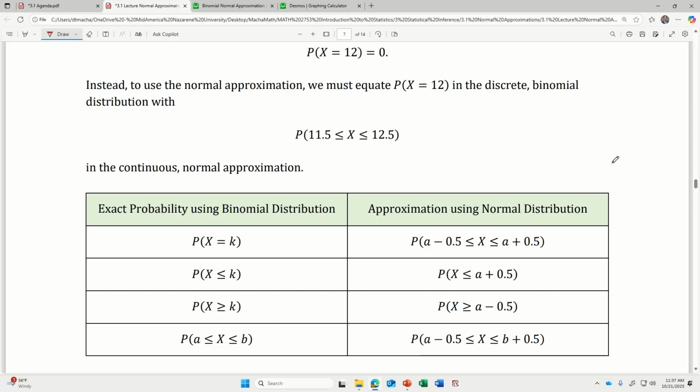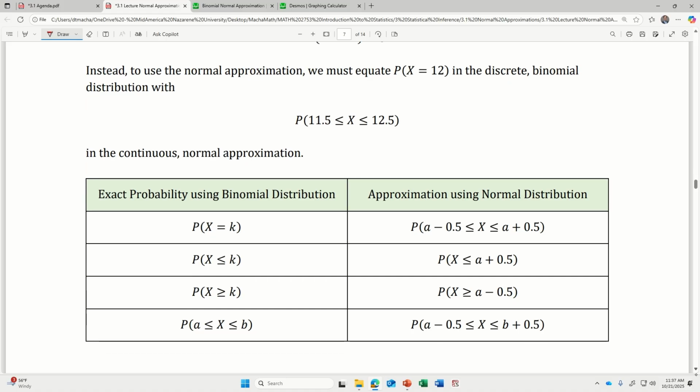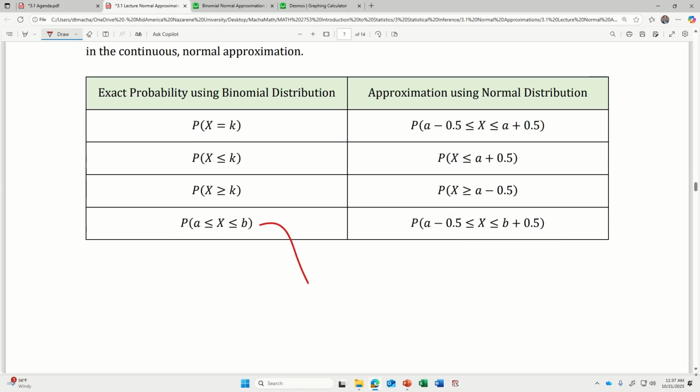Like, if I wanted the probability in the binomial distribution that my random variable is going to be between 2 and 6, including 2 and including 6, then in the normal case, I would want the probability between 1.5 and 6.5 in order for it to be fair between the continuous and the discrete.